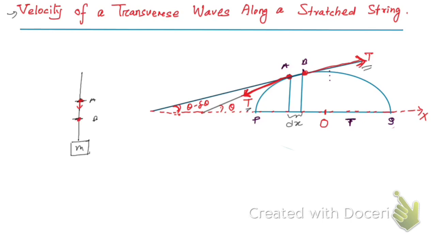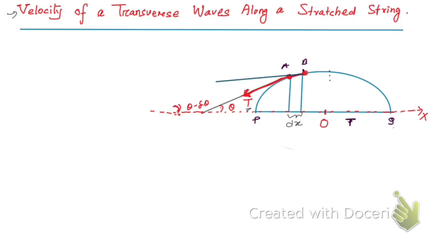The tension at this point on AB will be in this direction, in the opposite. So that's how we have considered that the tension at B and the tension at A will be in these two directions. Hope you have understood this. So let me draw it clearly. Just give me a second.